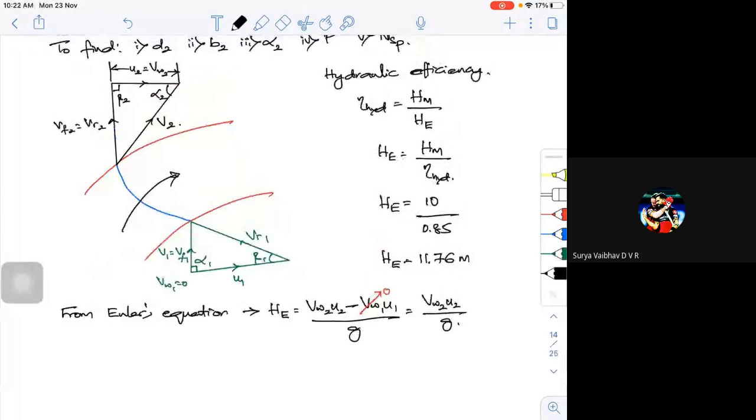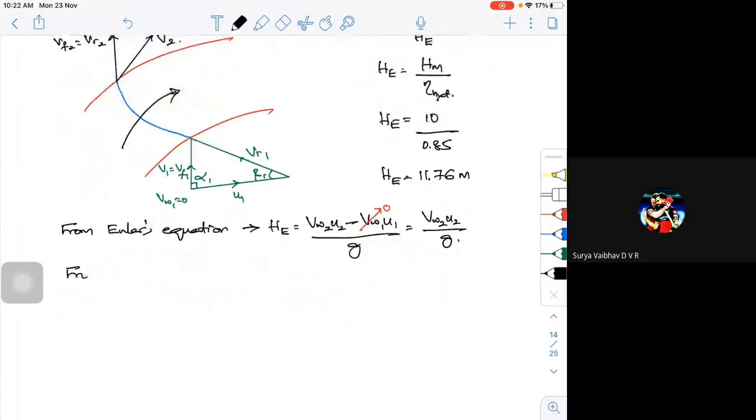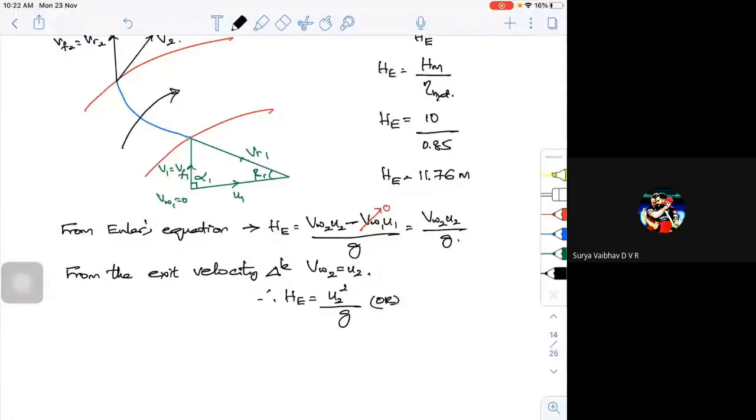In the exit velocity triangle, I have VW2 is equal to U2. So therefore, your Euler head will become either U2 square by g or VW2 square by g. Either of the types you can put.